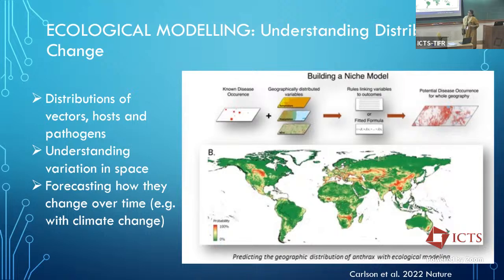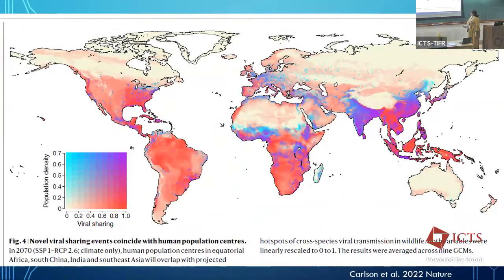So one, to build models. Second, to use those models to forecast. A good example of this is this study by Carlson et al., published in Nature in 22.